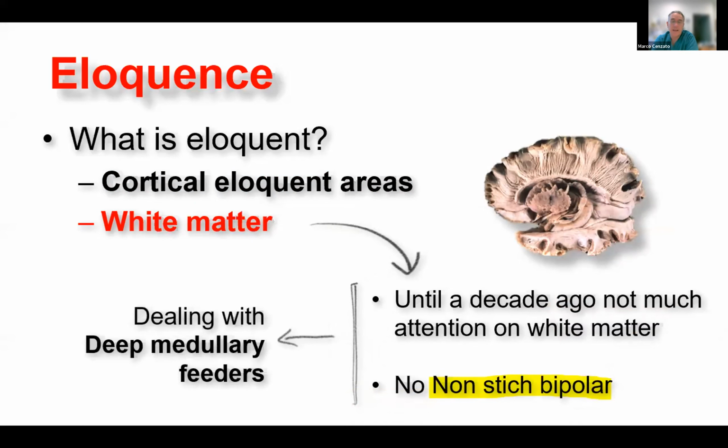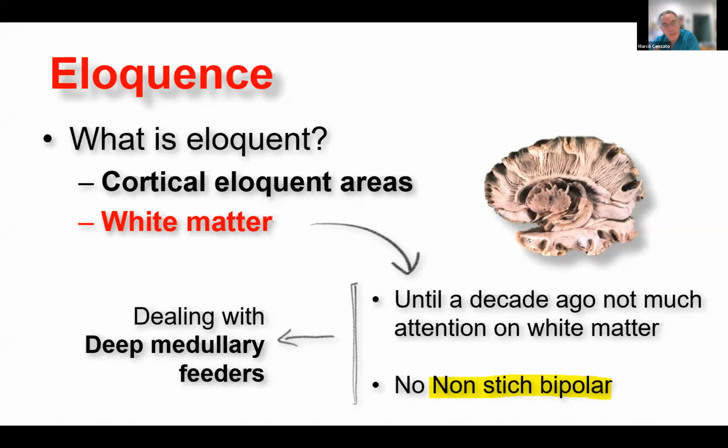And in many cases as a surgeon we decide to treat an AVM, and then we found deep medullary feeders that have to be followed deep in the white matter because they were very difficult to treat. And so we often went out of what we were programmed before surgery.